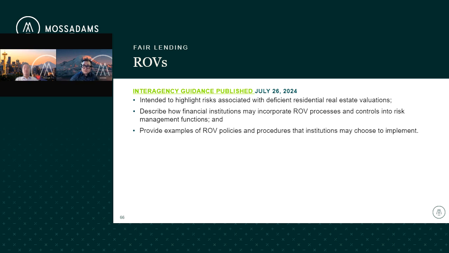So if you're an institution that already sells to Fannie, Freddie, et cetera, or the other GSEs, you are already required to have your policies and practices in place either at the end of August of this year or the very beginning of September.